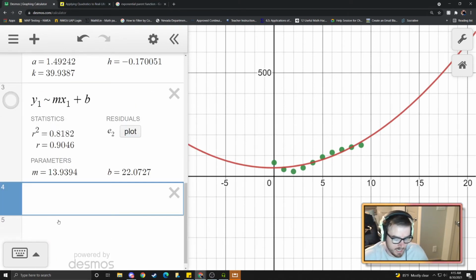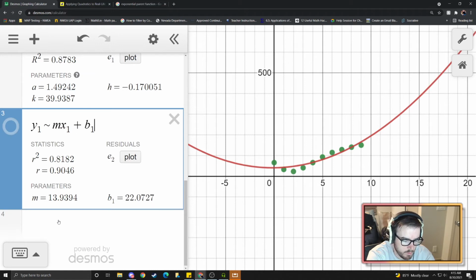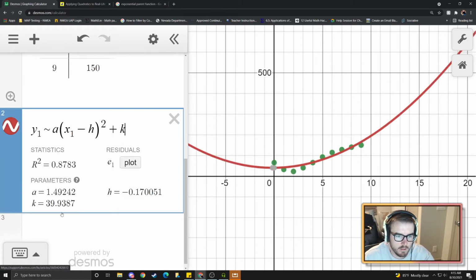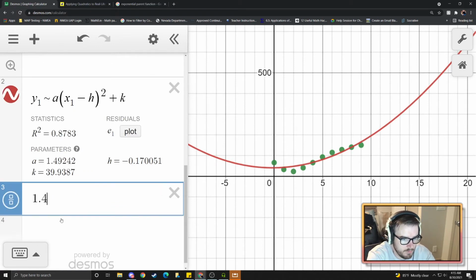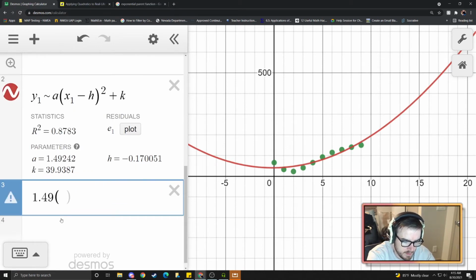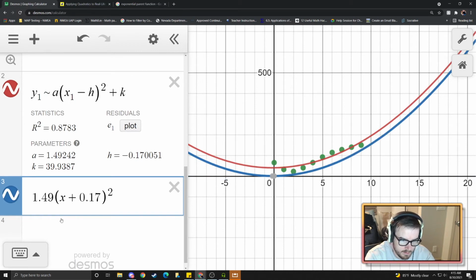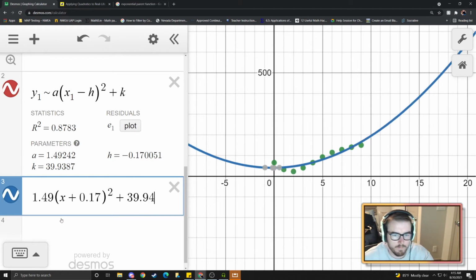So let me go ahead and type the function that we just wrote out. I don't even need to write y equals. So 1.49 times (x plus 0.17) squared plus 39.94.